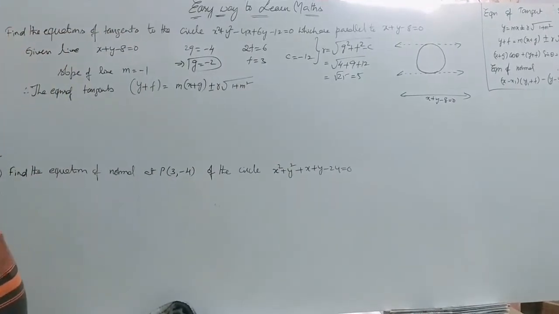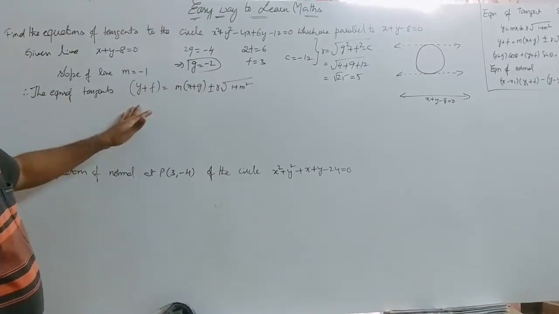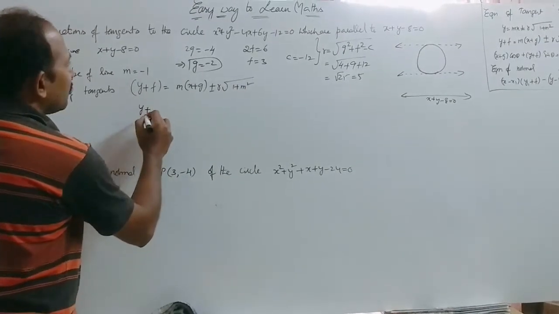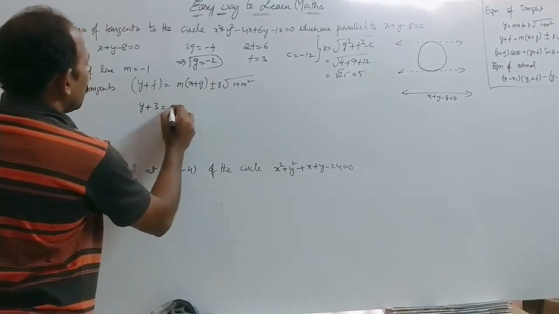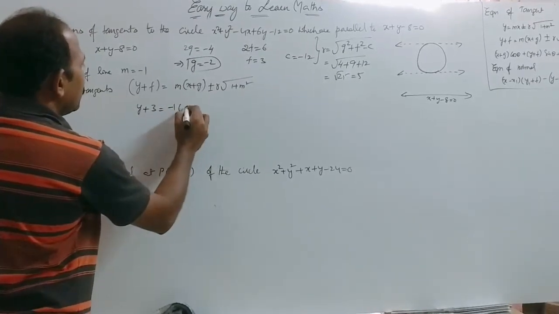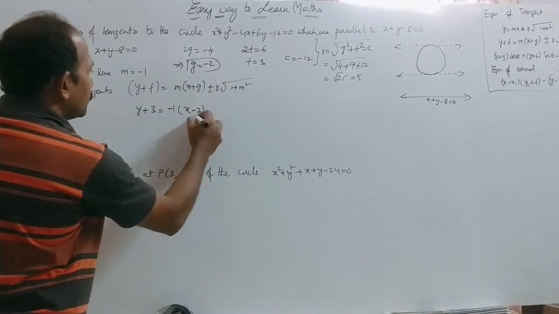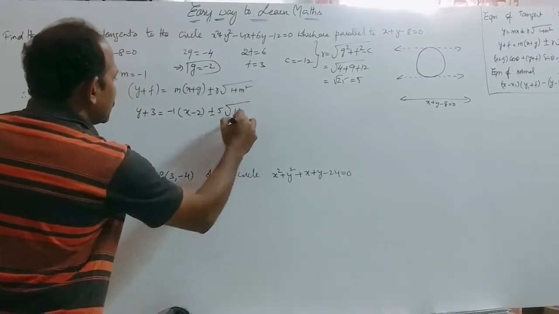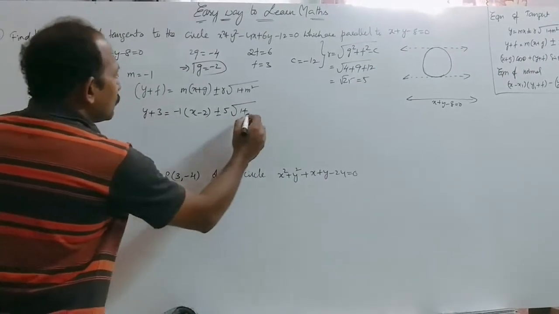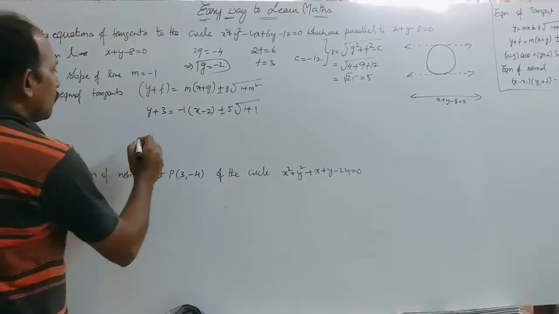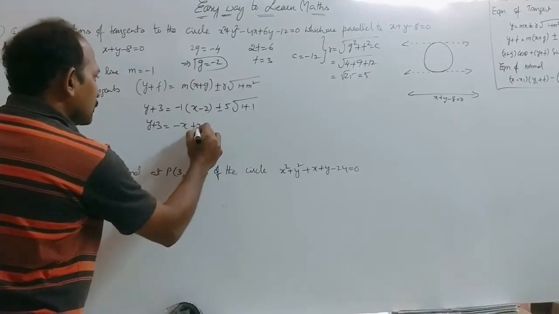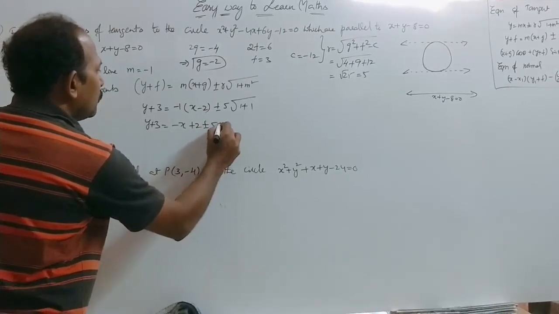Now let us substitute all these values in this equation to derive the equations of the required tangents. Therefore y plus f, here 3, is equal to m, which is minus 1, into x plus g, here minus 2, plus or minus r, which is 5, into root of 1 plus m square. Minus 1 whole square is nothing but 1. Therefore y plus 3 is equal to minus x plus 2 plus or minus 5 root 2.